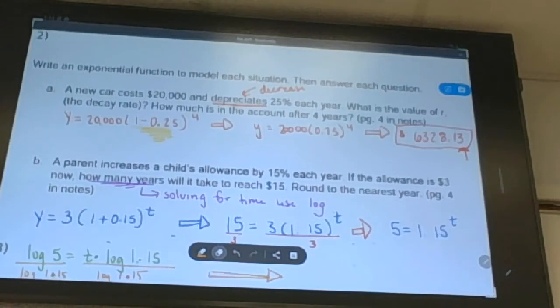This is every problem I think I've done so far. I've put a number in wrong. Okay, just keep going.